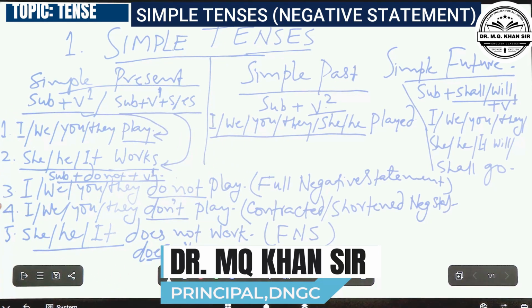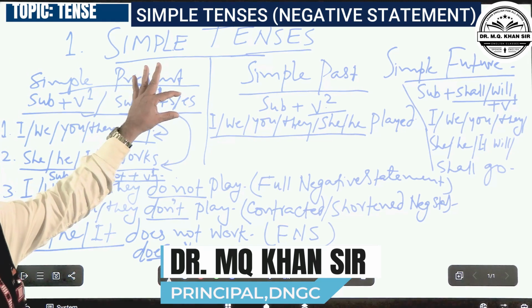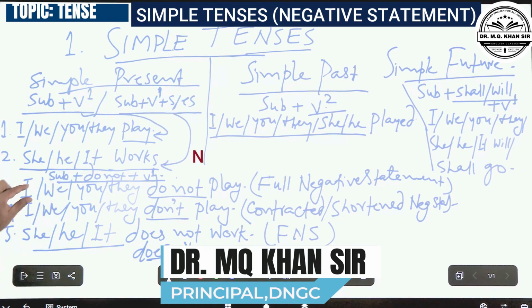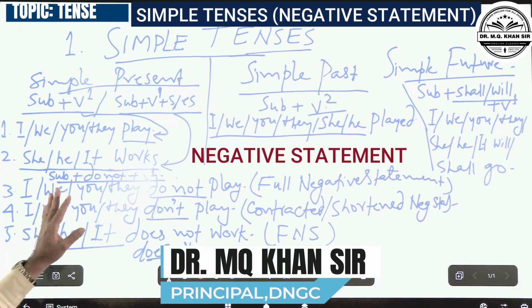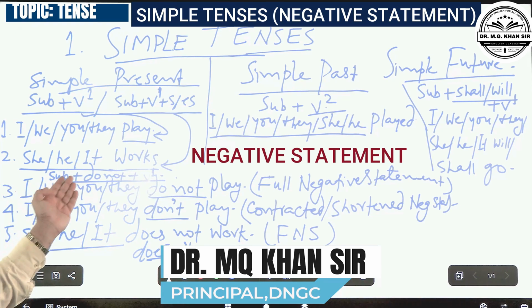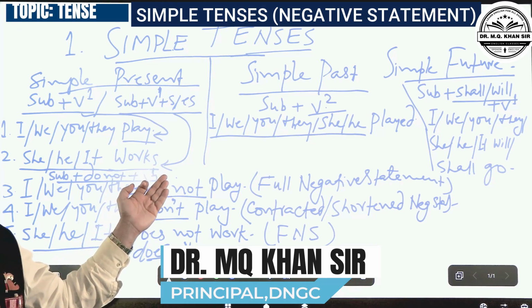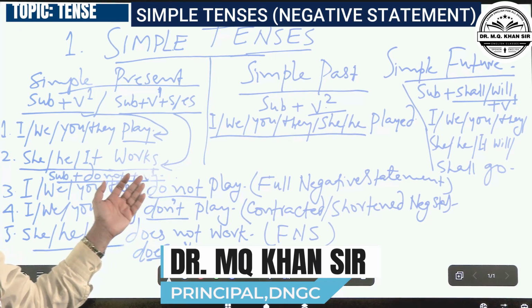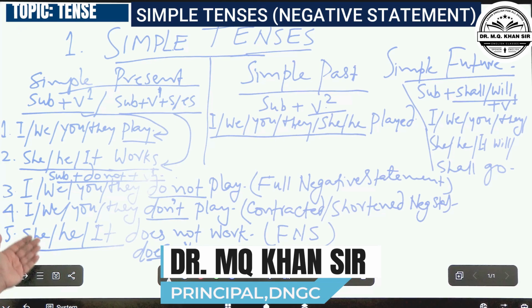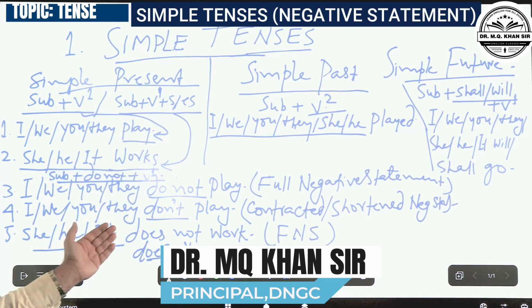So this you have to remember that when it is affirmative, this formula will be applied in simple present tense. When it becomes a negative statement, then this subject plus do not or does not plus V1, that is first form of verb. Does will come only when subject is third person singular number.